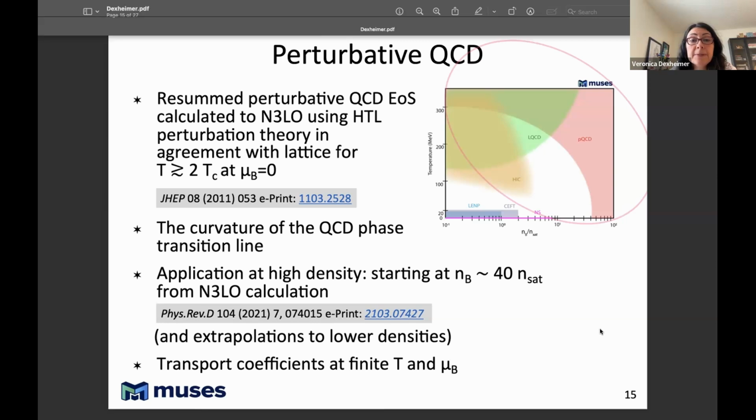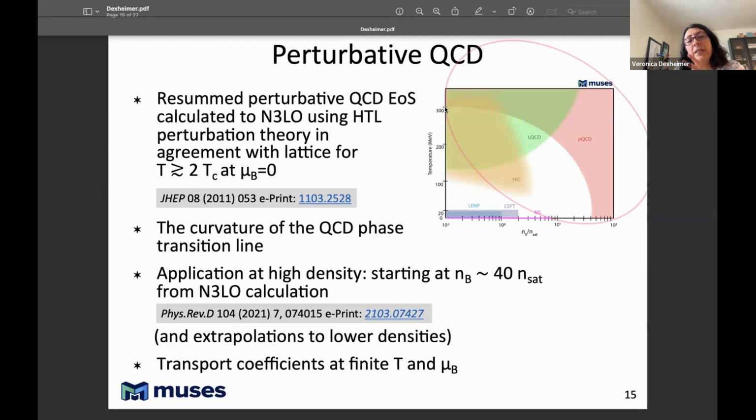In this case, they can go to next to leading order, which is very interesting: in the zero density, high temperature regime, this goes all the way down to about twice the confinement temperature. As far as I understand, nobody knows why it can go so low, but it can give us information until around that region.